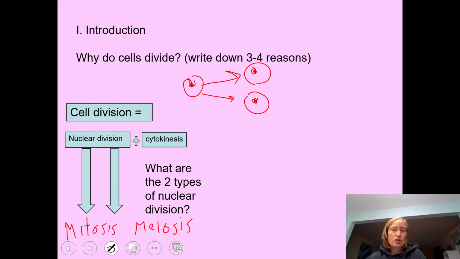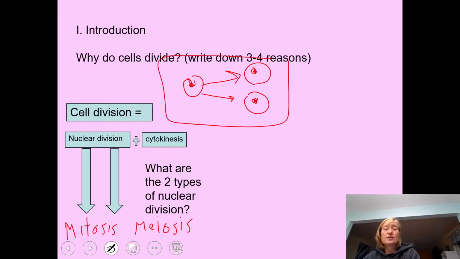One cell gives rise to two genetically identical daughter cells. You're making copies, you're making clones. Think of, when the cells lining your stomach need to make more of themselves, they go through mitosis and cytokinesis. Then there's meiosis. And mitosis, by the way, is what we're going to focus on in this chapter.